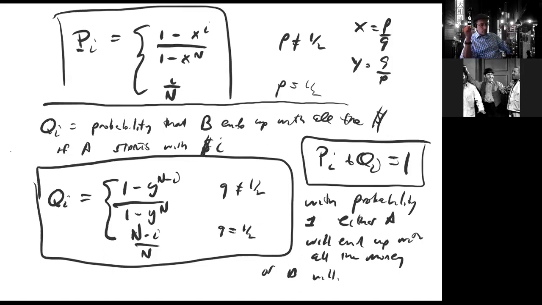One of the players will lose the money. So it's probability 0 that the game will never terminate. The game terminates with probability 1. So that is really what this is all about. That's why it's called gambler's ruin. One of those gamblers is going to lose with probability 1.